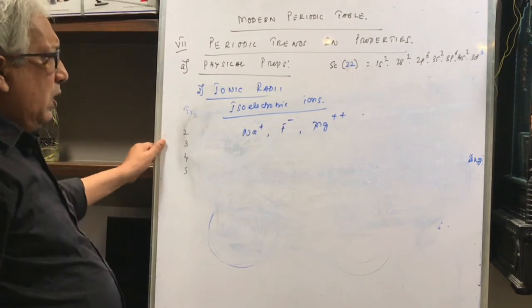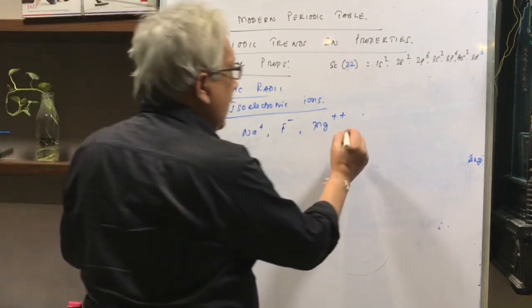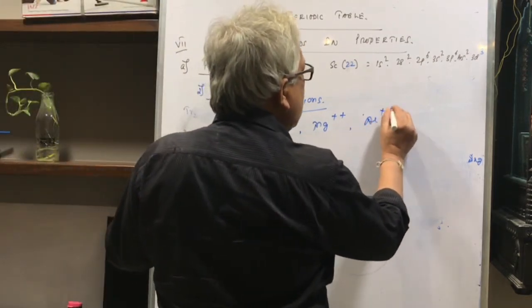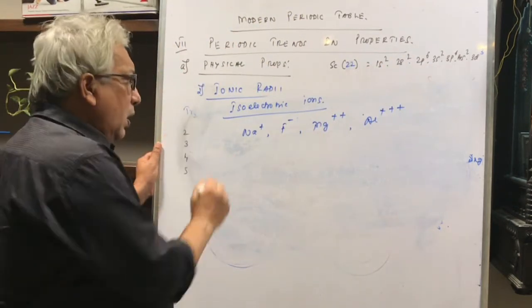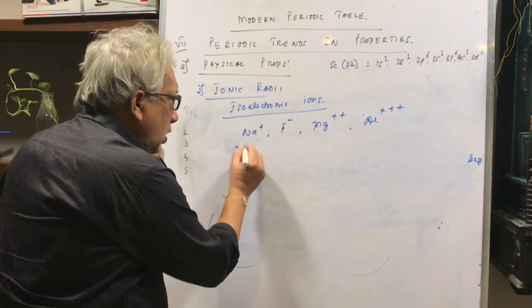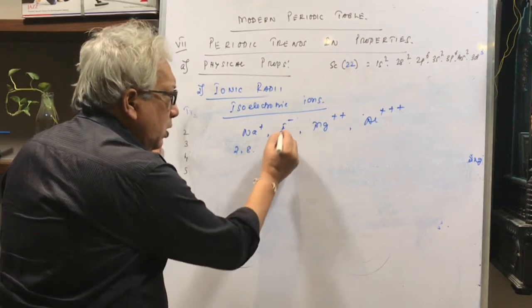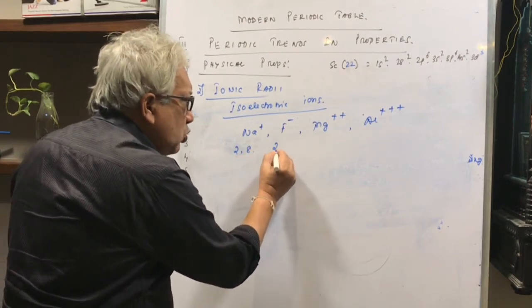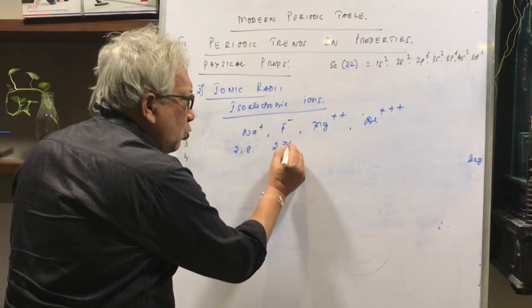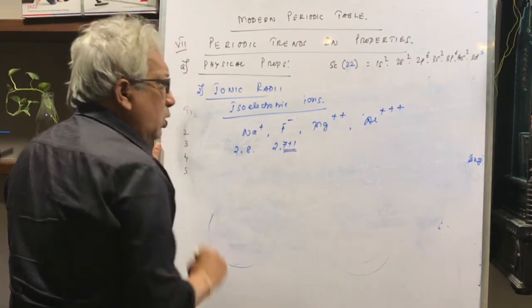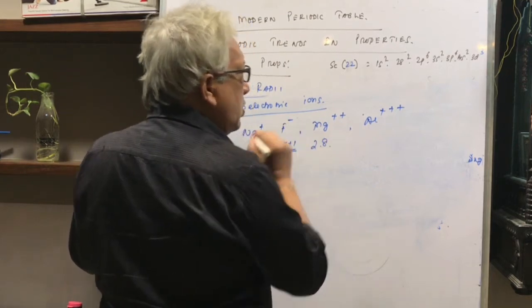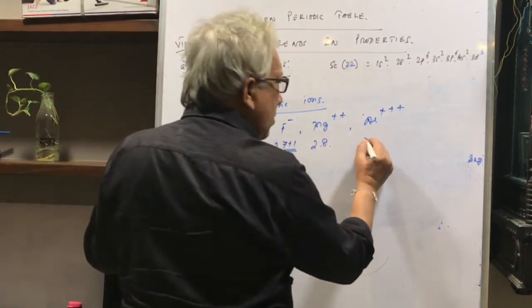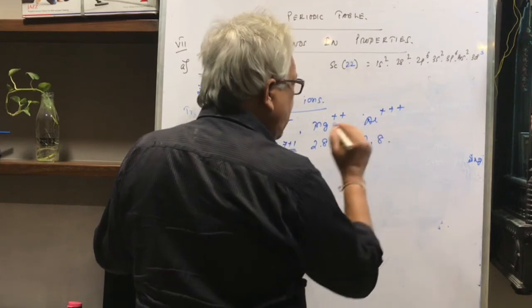These are all isoelectronic ions. Now why? In case of sodium ion, it is 2,8. In case of fluorine, it was 2,7 plus 1, so it has become 2,8. In case of Mg, it was 2,8,2, now it has become 2,8. In case of aluminium, it was 2,8,3, now it has become 2,8.